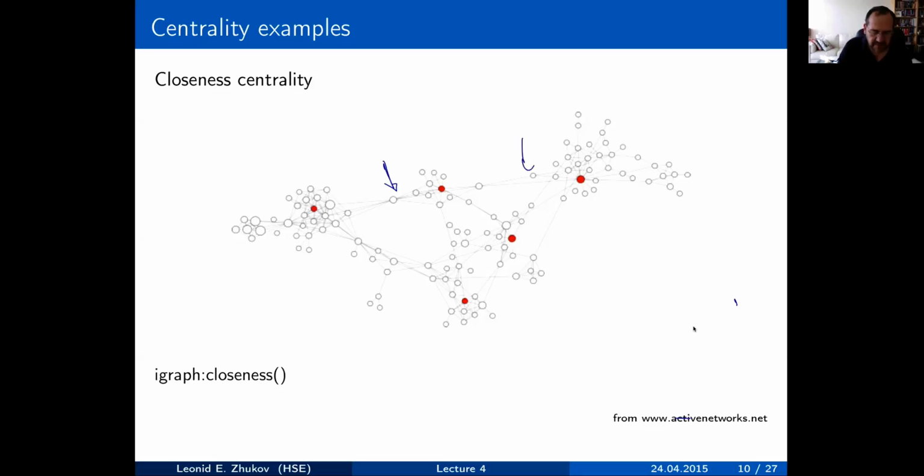They're sort of bridges. And if we look at the next slide, well, indeed they are. So these are the sort of bridges. These are the nodes that have high betweenness centrality. They lie on the pathways from a lot of nodes to a lot of other nodes.